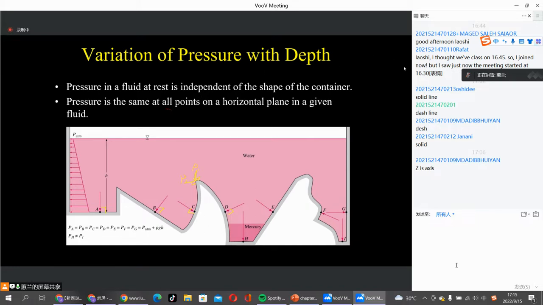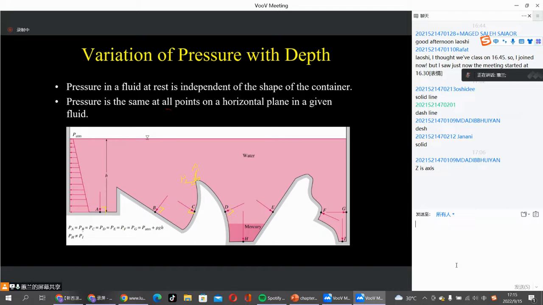We know from middle school that pressure in a fluid at rest is independent of the shape of the container, and pressure is the same at all points on a horizontal plane in a given fluid. You see here, the pressure at point A, B, C, D, E, F, G should always be the same. Why is PA equal to PB equal to PC equal to PD?